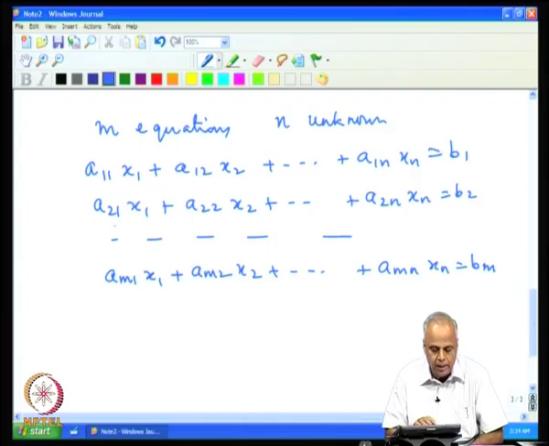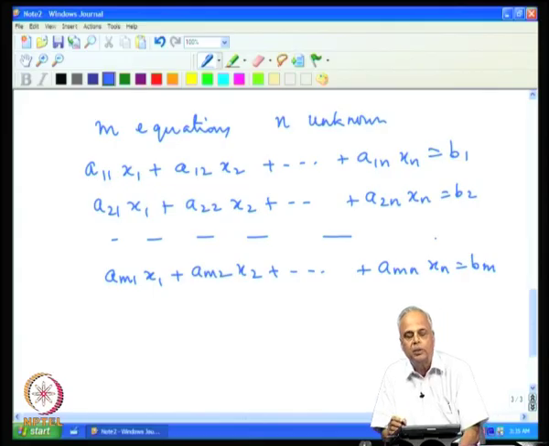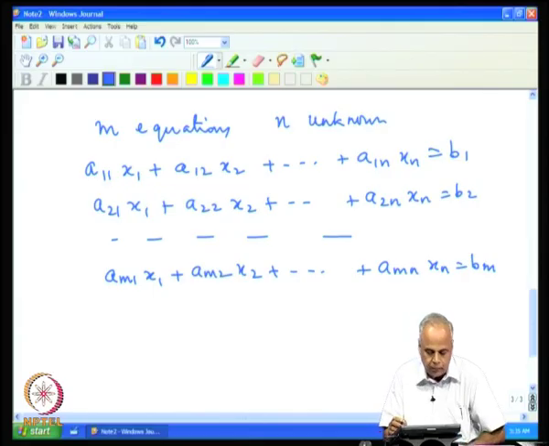The second index refers to which unknown they are referring to. a11 x1 means it is the coefficient of the first unknown, a22 x2 the coefficient of the second unknown, amn xn the coefficient of the nth unknown. Such a system is what we will be considering in general.